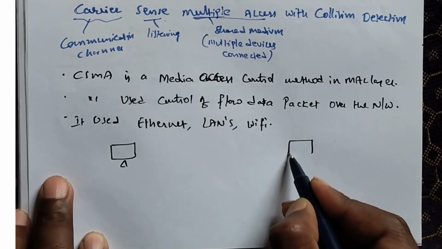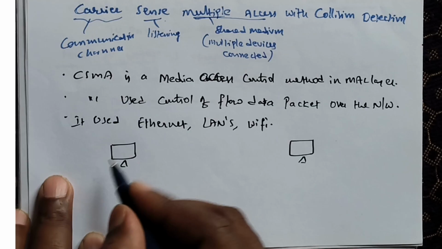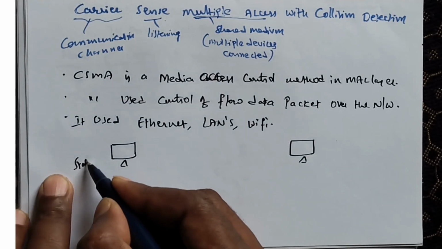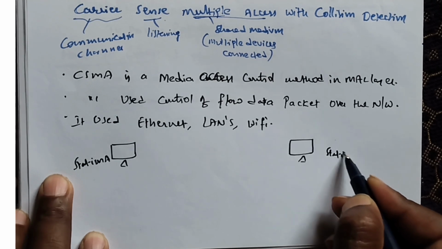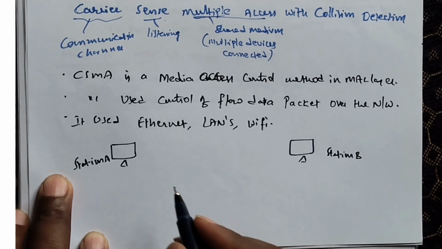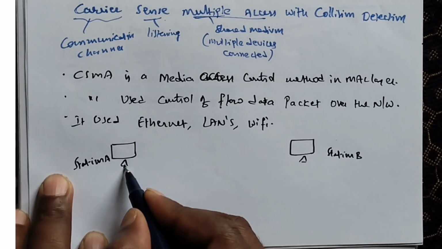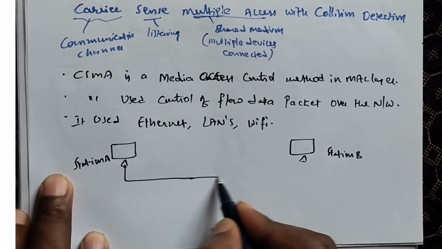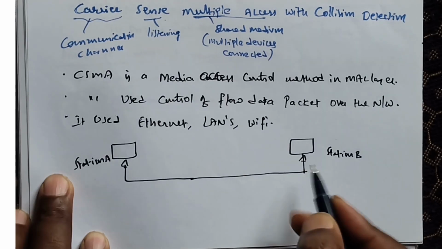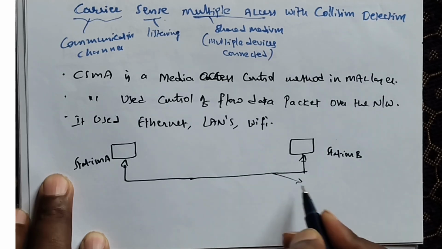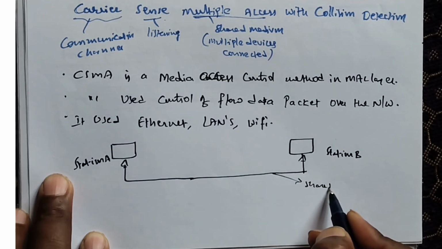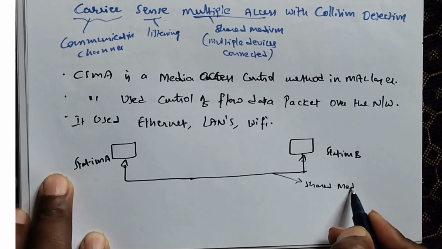This is station A, and this is station B. These two stations are connected with some shared medium. This is the shared medium, nothing but a common cable.